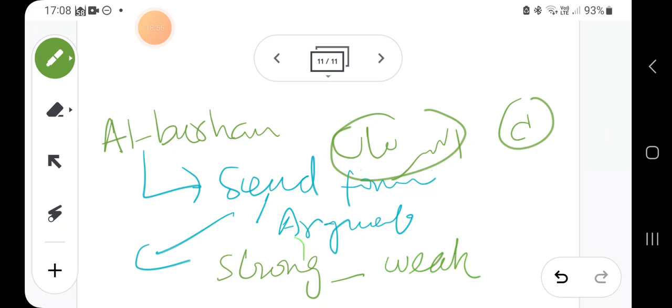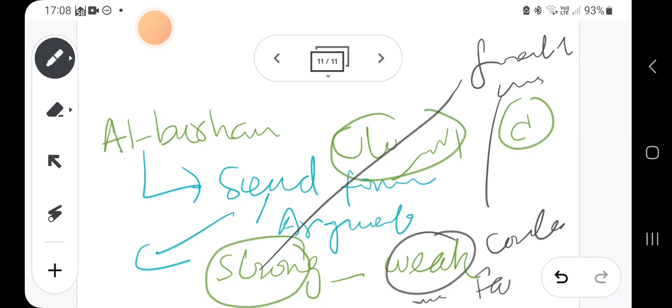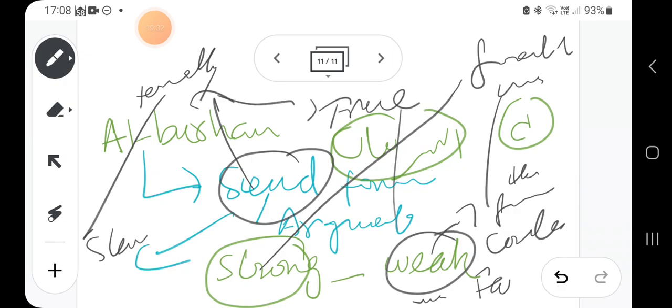A strong argument is an argument which is formally true, but its content might be false, for example. A weak argument is an argument which has a formal defect. The sound argument, on the other hand, is the argument which is formally strong and has true content as well. So that's al-burhan generally.